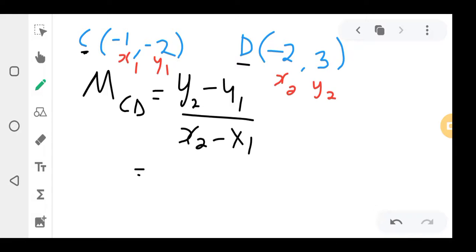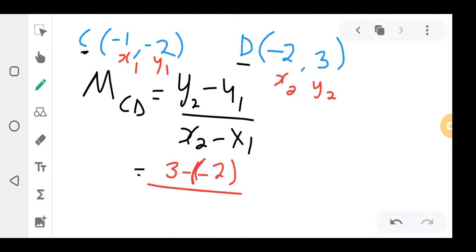So y2 is 3, minus y1, which is -2. There will be two negatives, the negative in the formula and the negative of y1, so you split them with a bracket.